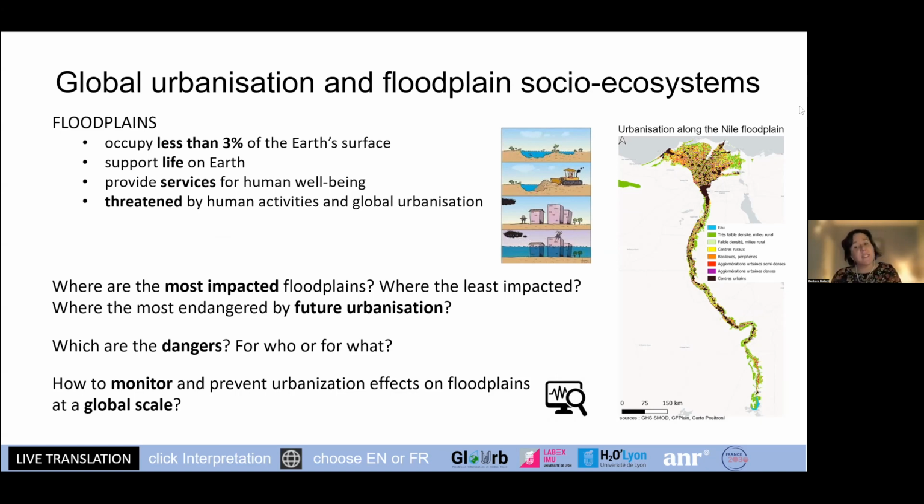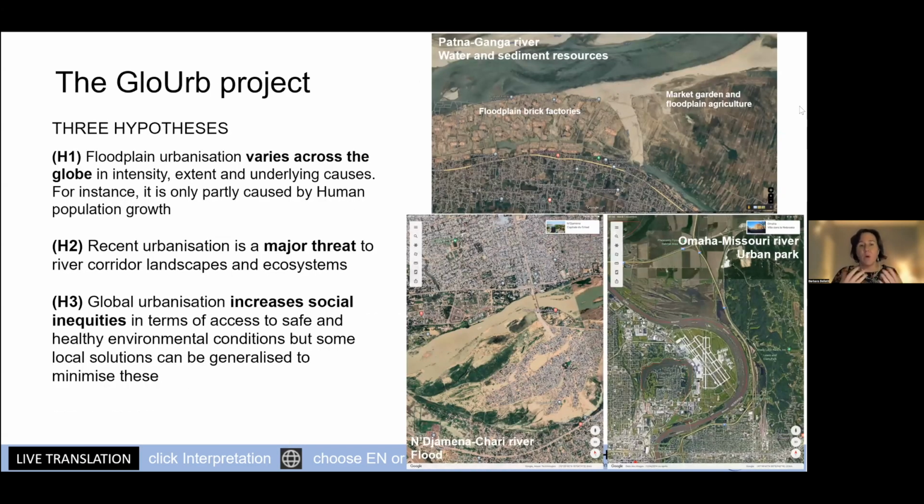What is the trade-off: demographic growth, or maybe urban sprawl, and what does it mean for people and for ecosystems? How can we identify changes which take place as a function of urban growth? How can we monitor? How can we inform? How can we prevent, and so on? So all this is the observation that we established.